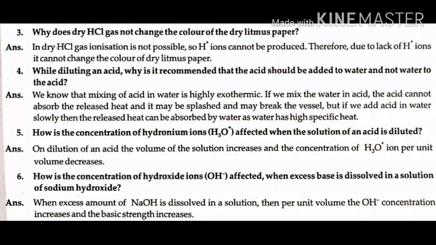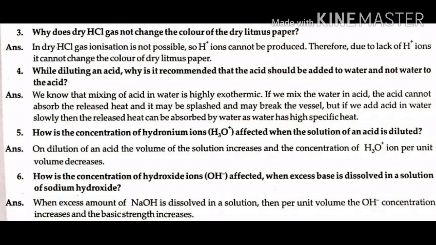Question number 5. How is the concentration of hydronium ions affected when the solution of an acid is diluted? Answer. On dilution of an acid, the volume of the solution increases and the concentration of H3O+ ions per unit volume decreases. Question number 6.